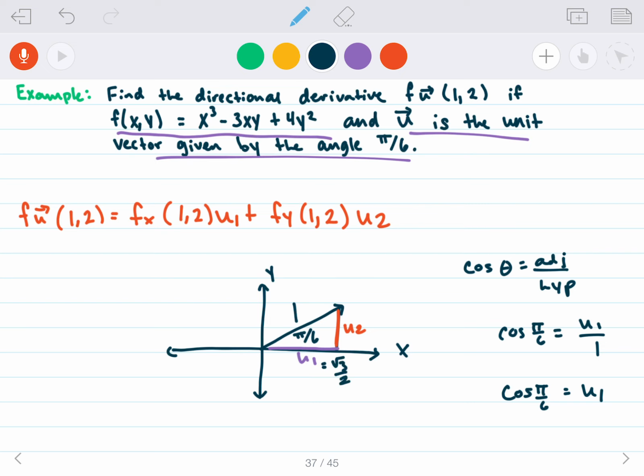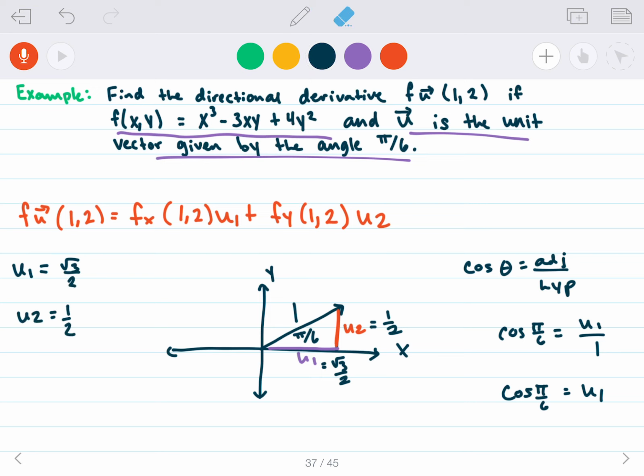In a similar way, the sine of pi over 6 is 1/2, so our u2 is going to be 1/2. So those components make up our unit vector that makes an angle of pi over 6. Let's write that down here: u1 is root 3 over 2, and u2 is 1/2.